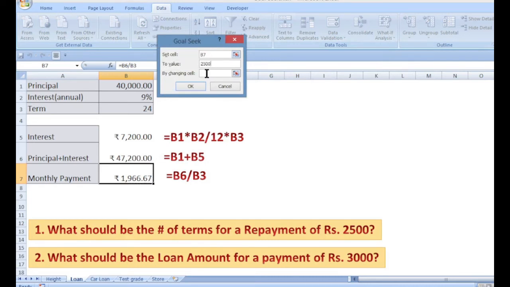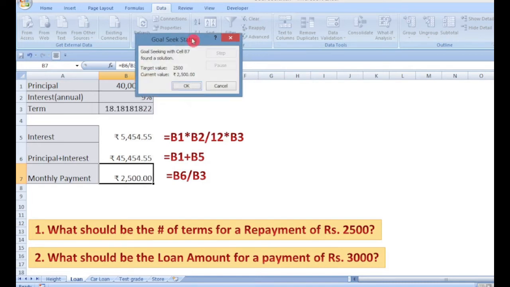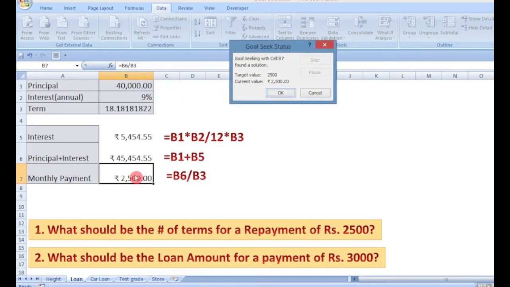And what is the cell you want to change? In this case, number of terms, which is nothing but this cell. Give OK. So if you are ready to pay 2500 as a monthly repayment, that means the term will be 18 months only. If you accept it, press OK, or if you want to reject that, you can give cancel.